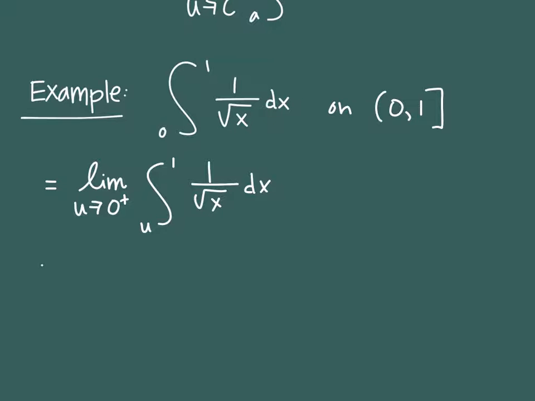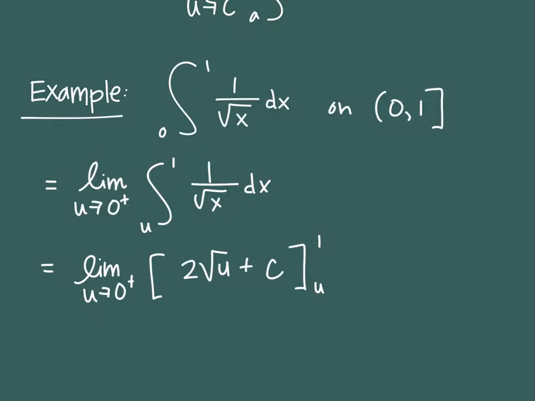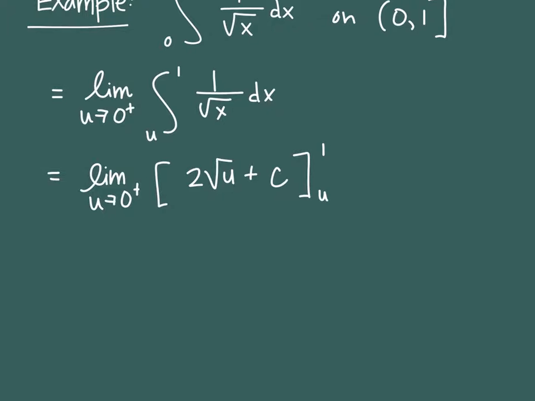And then we do our antiderivative. The antiderivative of 1 over the root of u is the regular root of u divided by half, or multiplied by 2, plus c, going from u to 1. And then we're going to substitute. Whoops, it's an x.